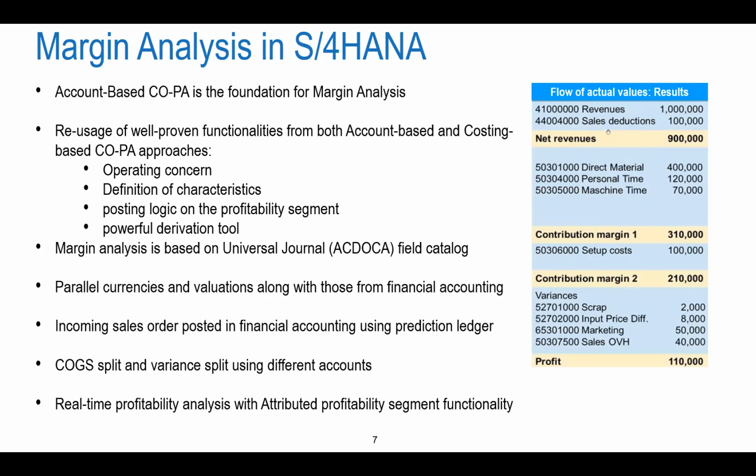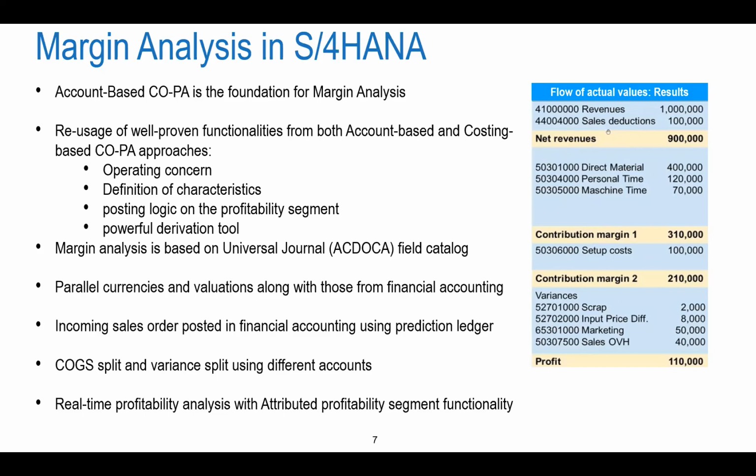And incoming sales orders are posted in financial accounting using a predictive ledger. This feature is something we were lacking in the earlier versions, but it is now available within S4. And then COGS split and variance split, these two features have also been added. So naturally, at the end of the day, you might ask, is there a need for cost-based COPA in S4?